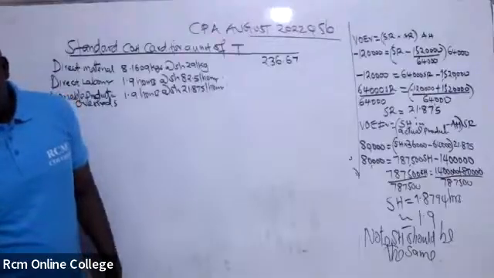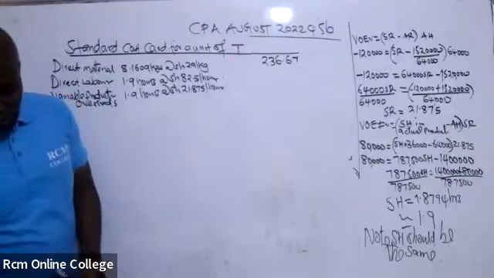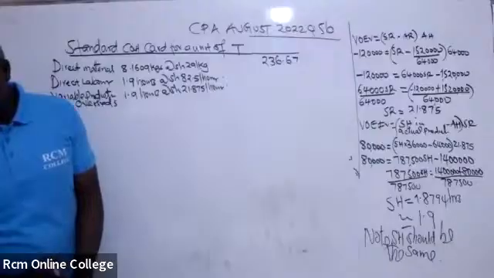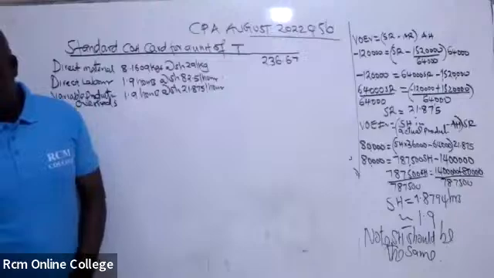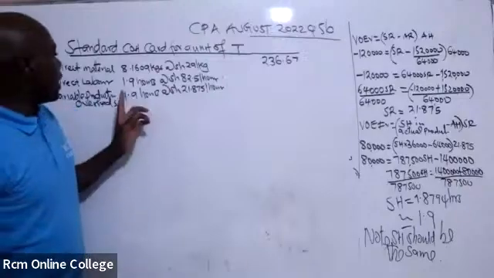I can see two different answers. Let the third person give us the answer for us to confirm who is right between the two. The third person says 236.67. Thank you. Good.